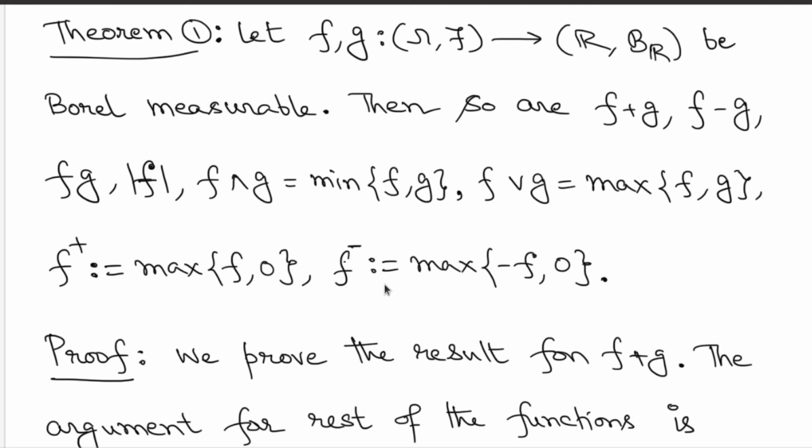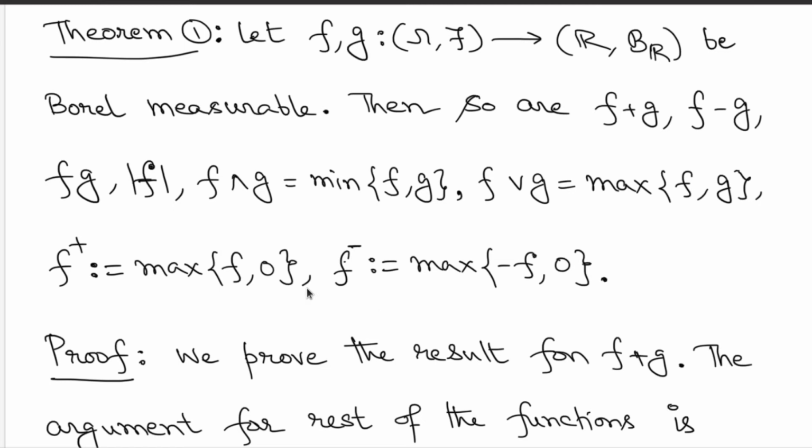We will see the usage of these functions in a minute. But what we are saying is that all these functions we are talking about are also Borel measurable. Provided f and g are Borel measurable, you will immediately get the Borel measurability of f plus g and so on.